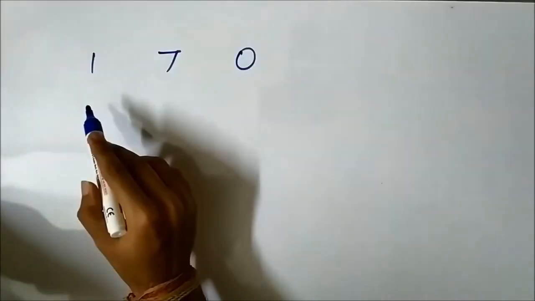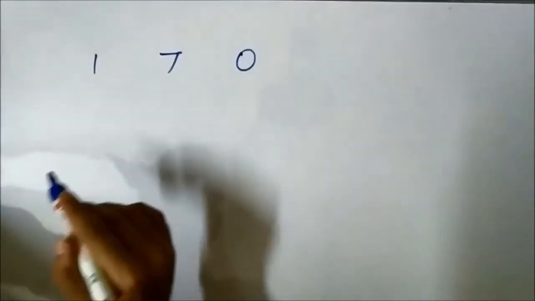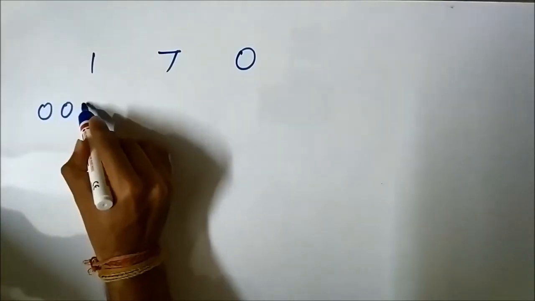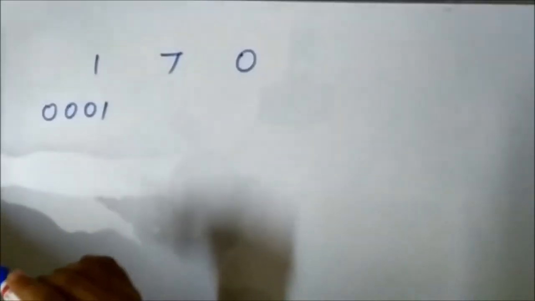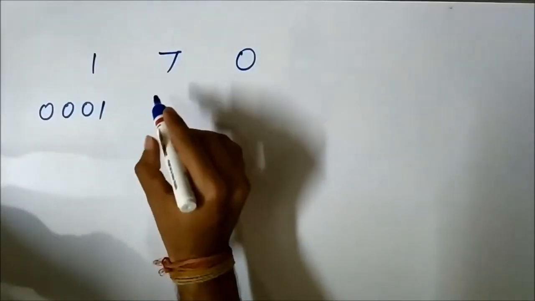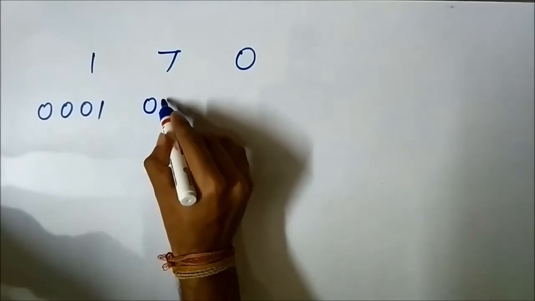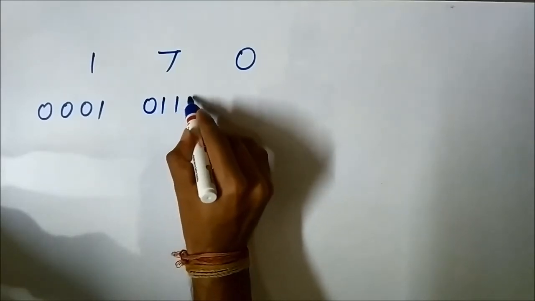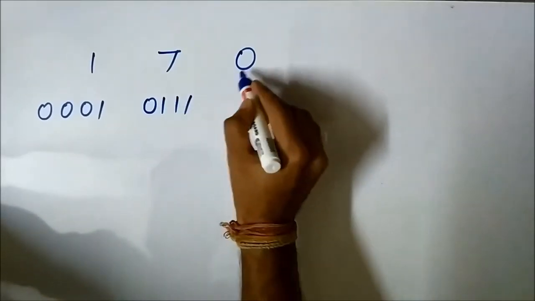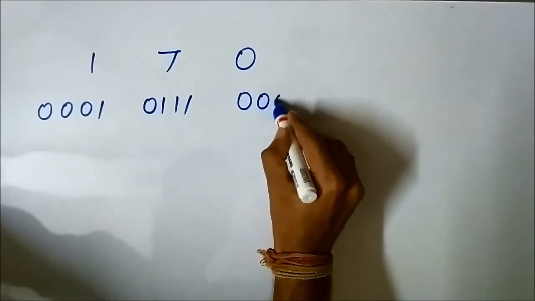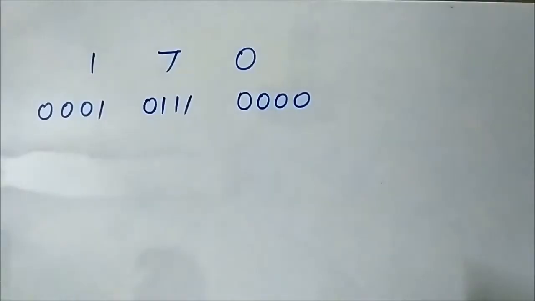So the number 1 will be represented as 0 0 0 1. The decimal number 7 will be individually represented as 0 1 1 1, and this 0 will be represented as 4-bit binary 0 0 0 0.